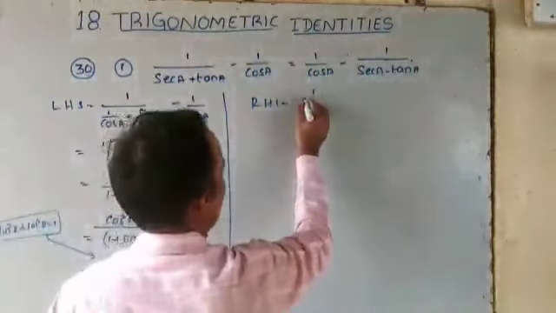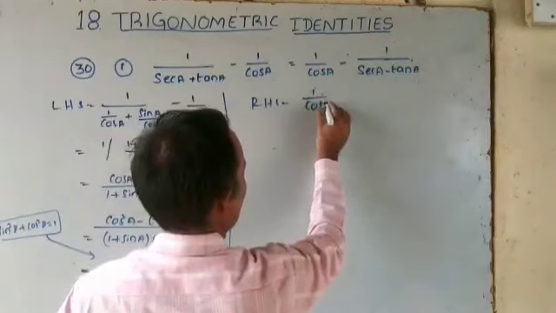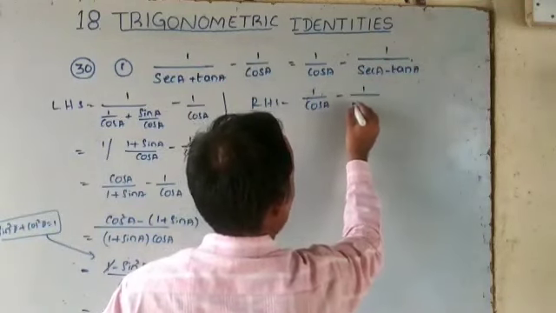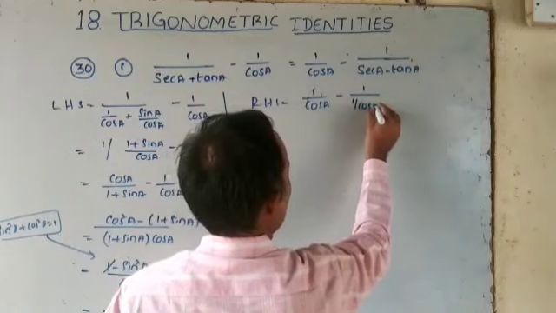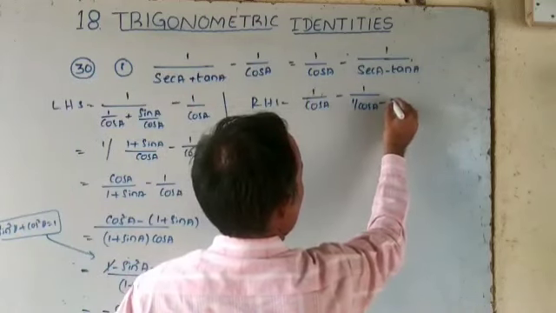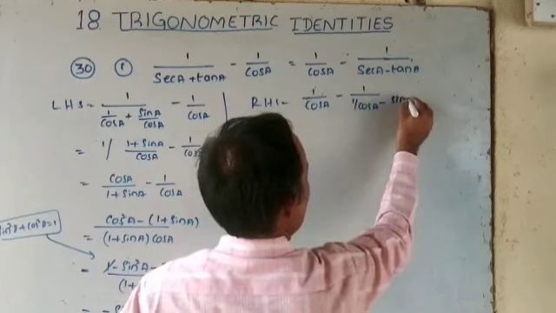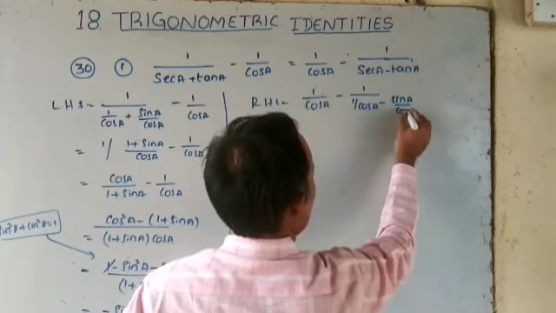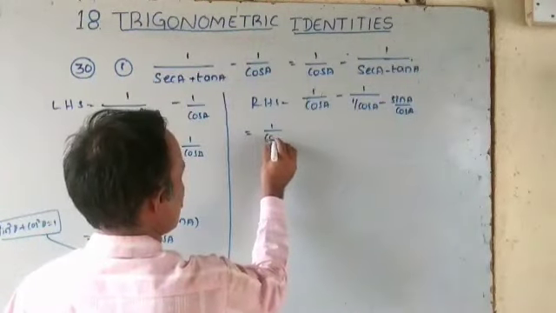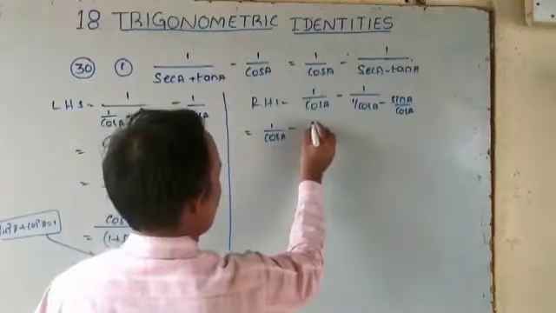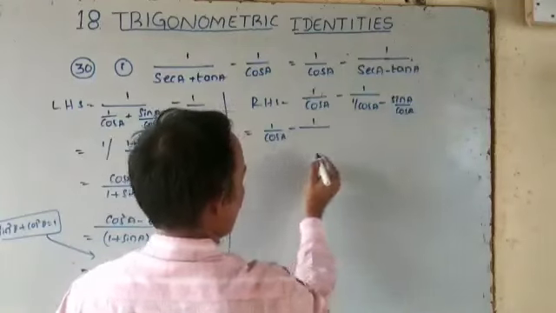RHS: 1 divided by cos A minus 1 divided by secant A minus tan A. Secant A can be written as, again, 1 by cos A, and tan A can be written as sin A by cos A. So this is equal to 1 divided by cos A as it is, minus 1 divided by, take LCM.